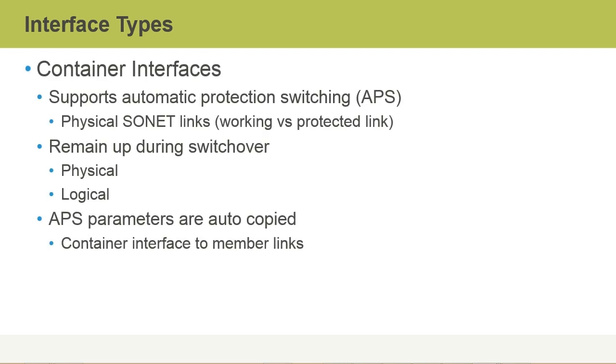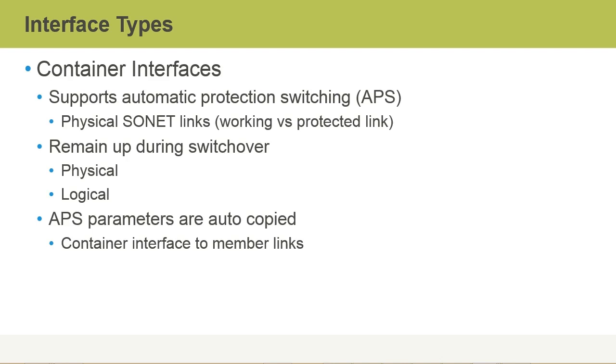The last type of interface to mention is what we call a container interface. A container interface is a very specific type of interface that adds support for automatic protection switching, or APS. What this allows us to do is to have our physical links logically grouped together. These are specific to things like SONET links.